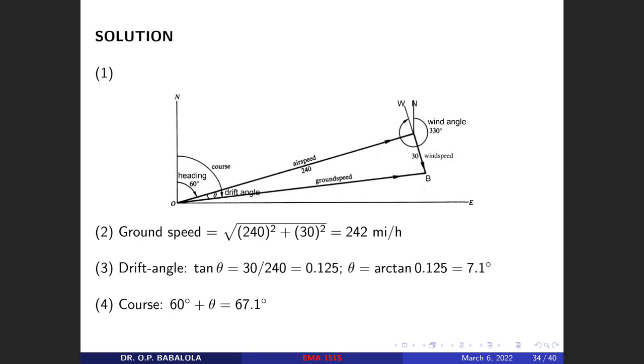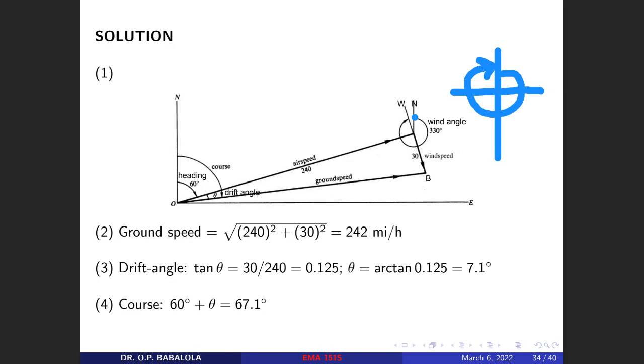It goes from the North Pole, here. Let me draw it again here to see it better. So you have the wind going that way, making this angle like this.